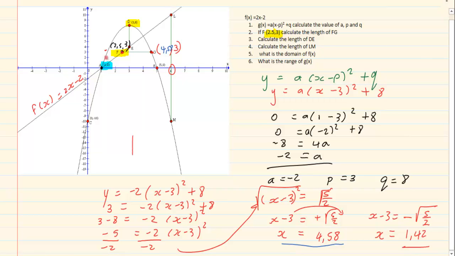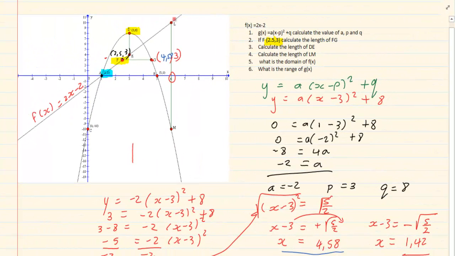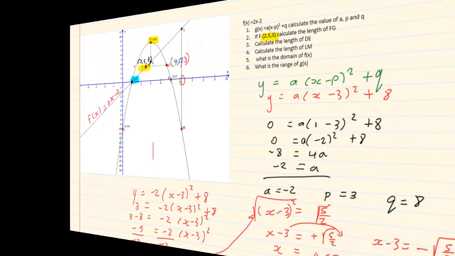First, we know that the equation on the top is the straight line. So I'm going to say the straight line minus the parabola, and that will give me LM. Now the straight line is 2x minus 2.